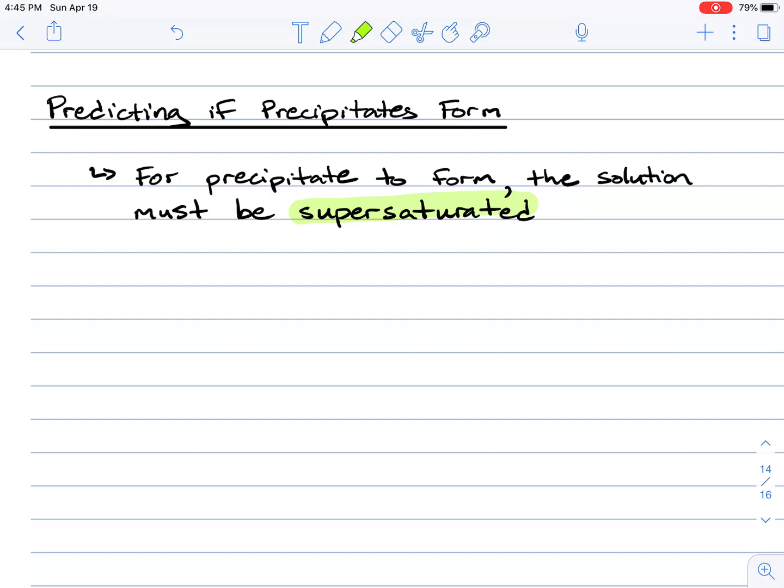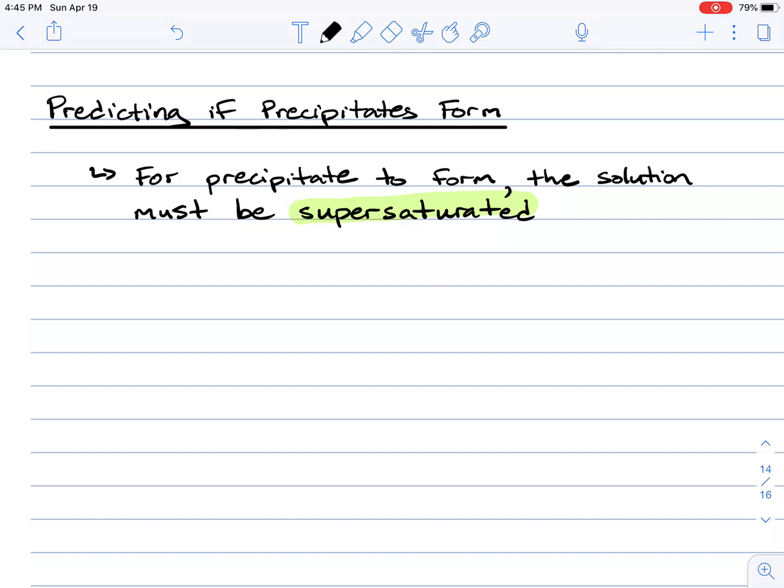The idea of supersaturated must be relevant to the ions that are responsible for forming that precipitate. Hence the need for you to be very familiar with your solubility rules.